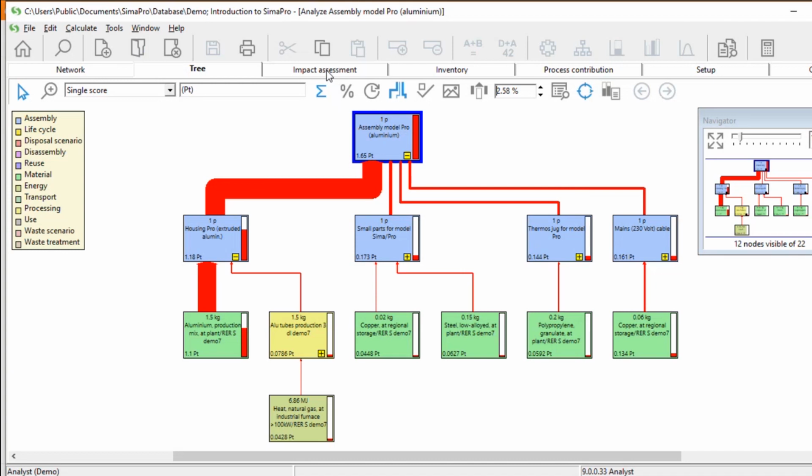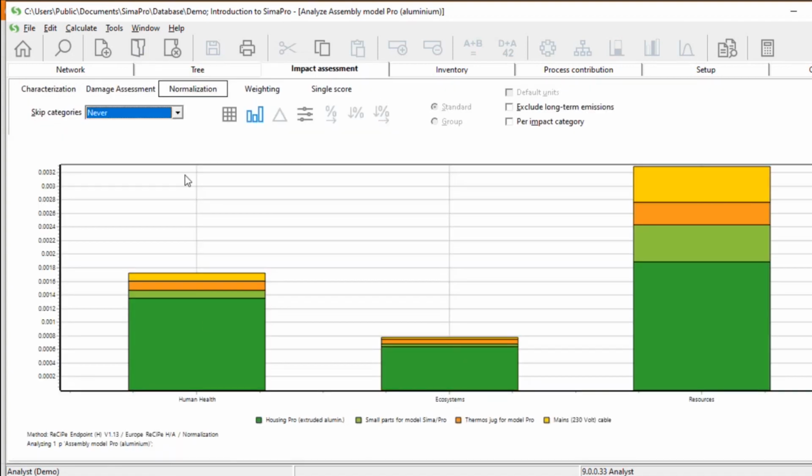If we go to the impact assessment, it's just taking a bit of time. Impact assessment has different analyses: damage assessment, normalization, weighting, and single score. You can play around. I have discussed in the second tutorial what those mean, so I'm not going into detail, like what contributes housing, small parts, thermos and mains cables.